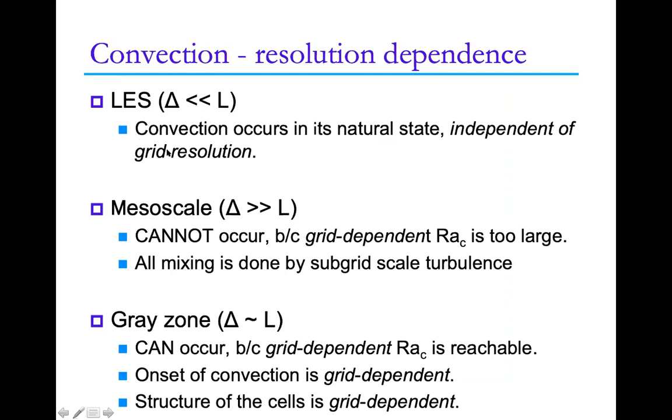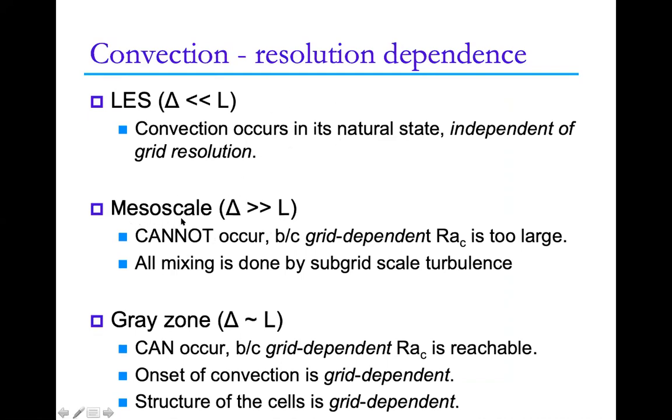If you're running the model at large eddy simulation scales, with a grid spacing much less than the length scale of interest, convection can occur naturally. It's sort of independent of grid resolution. So if you run this convective boundary layer at 25-meter or at 50-meter resolution, you're going to get very good agreement in the results, independent of that choice of resolution, and you'll see convection occurring naturally.